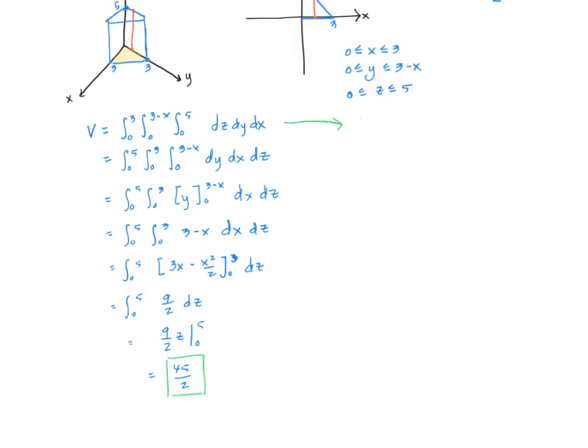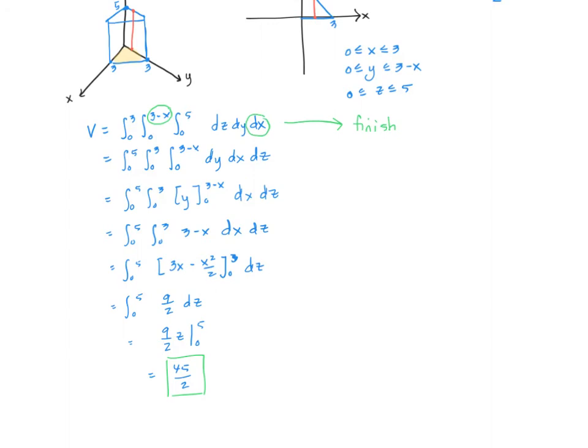So if you were to integrate in the first order that I had written, you will find that you also get 45 over 2. Again, the caution here is that if you have a variable limit of integration, such as this x here, then we have to integrate that particular integral before we integrate with respect to x.